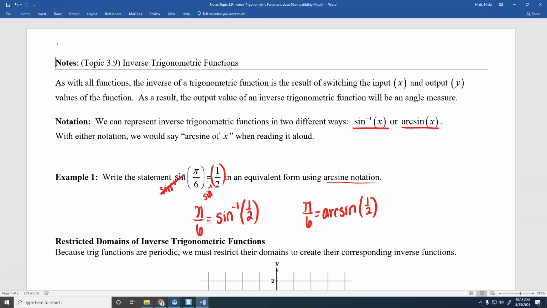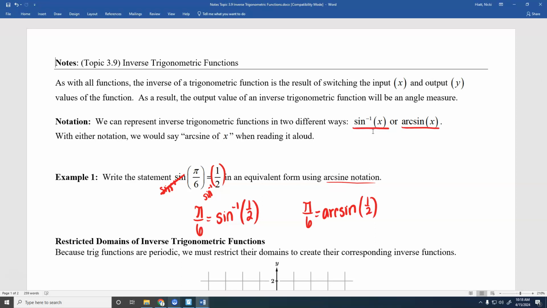That's interchangeable notation. It just depends on what they decide to give you. I think AP has leaned towards using the inverse notation with that -1 more lately, but there's a chance you could see either one, so we'll have them both there.